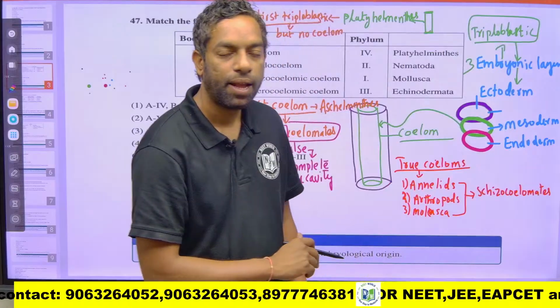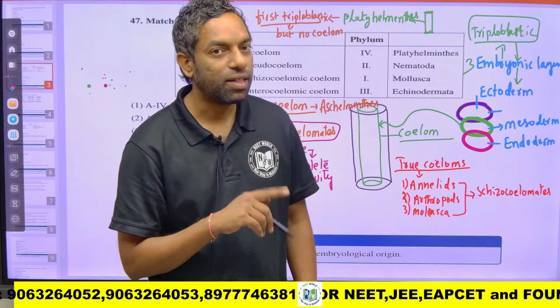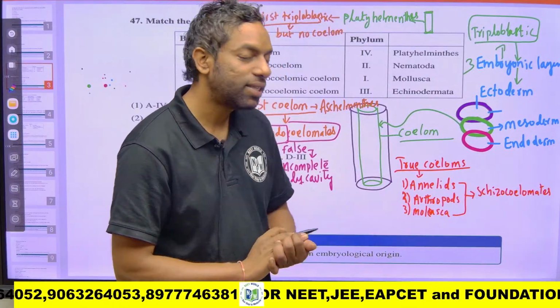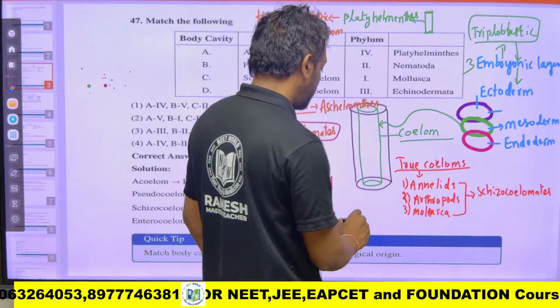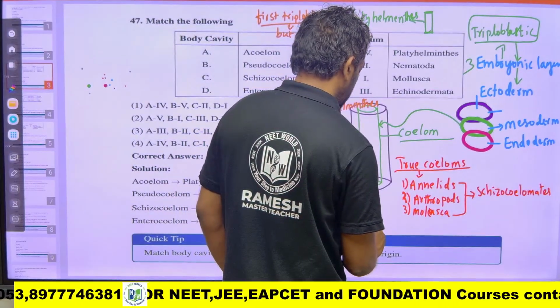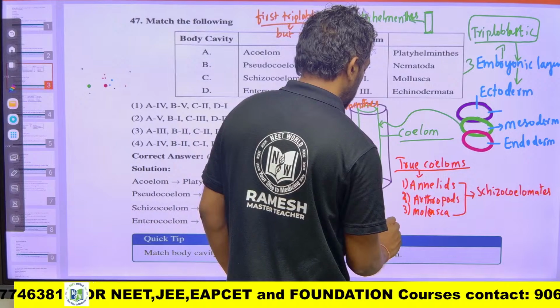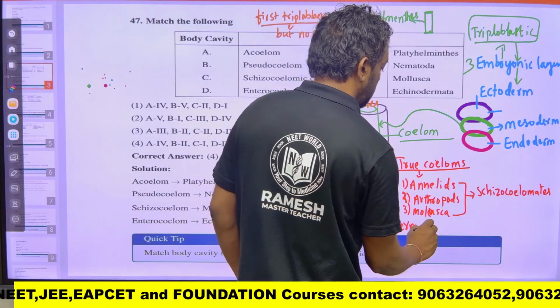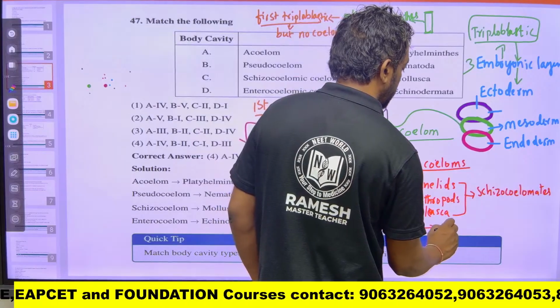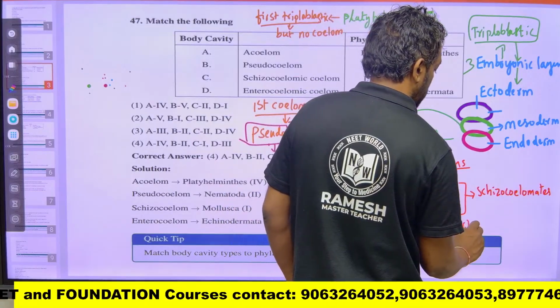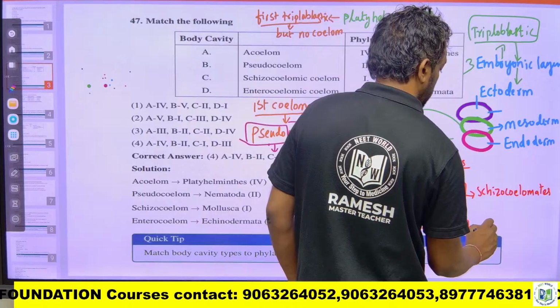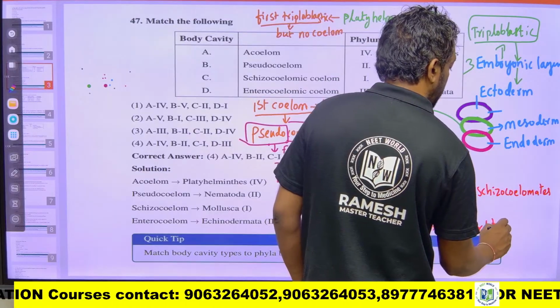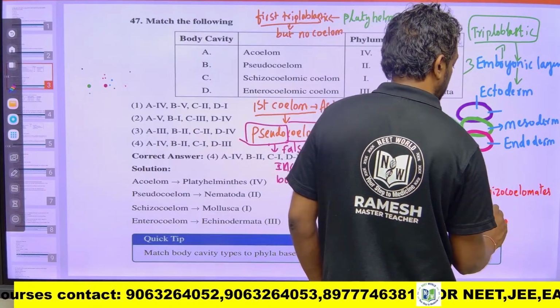Cyjocoelomates. And after that, the molluscans, echinoderms up to the chordates are enterocoelomates.